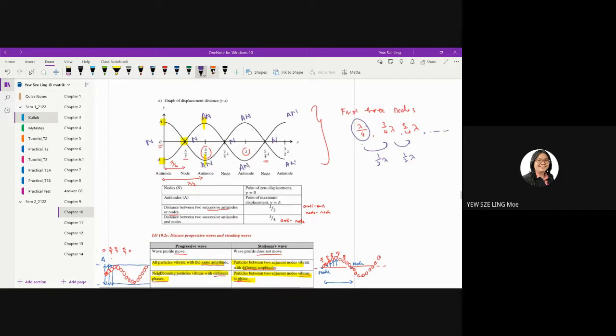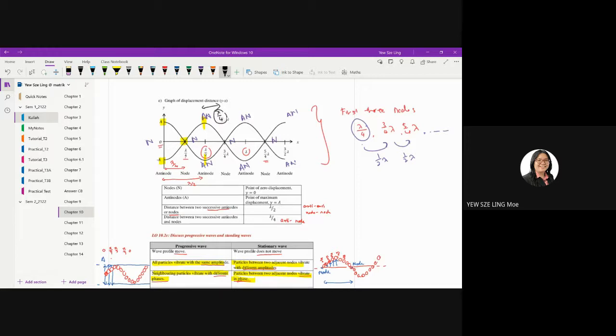And meanwhile, the shortest distance between a consecutive node and antinode, if you look at this one, the distance between a node and an antinode is lambda over 4. This is also something that you need to know.